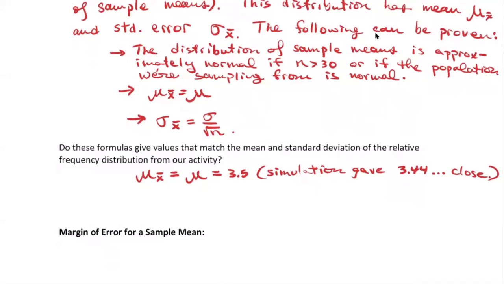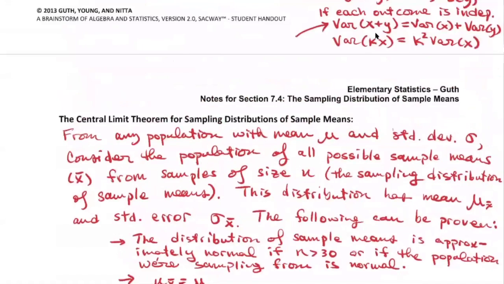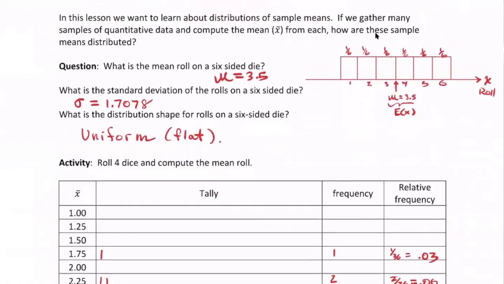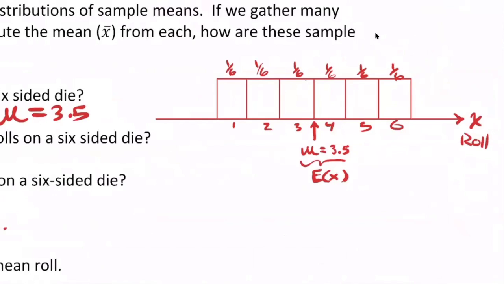The standard deviation of sample means is sigma over the square root of n. So sigma, we have to go way back to the top, and we're looking at the population we were sampling from, which was the rolls on a die.